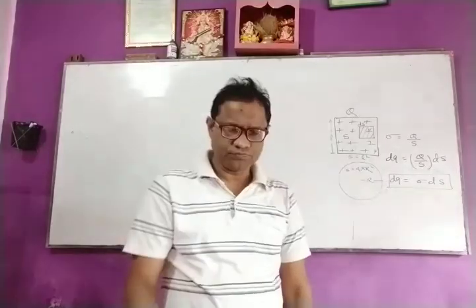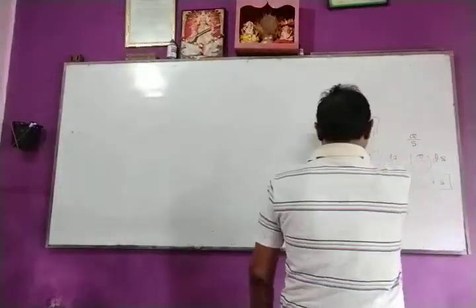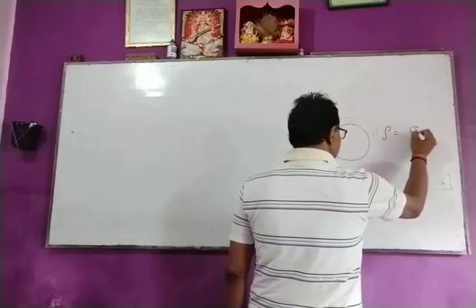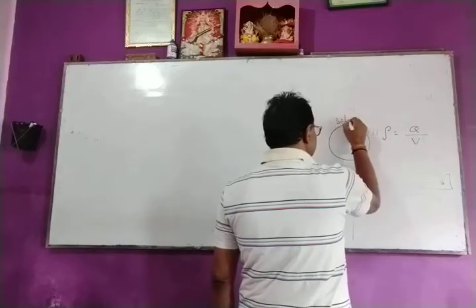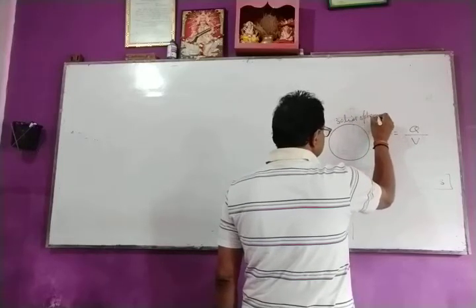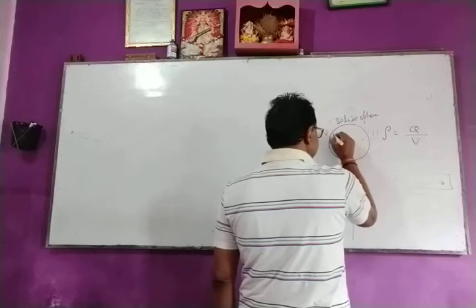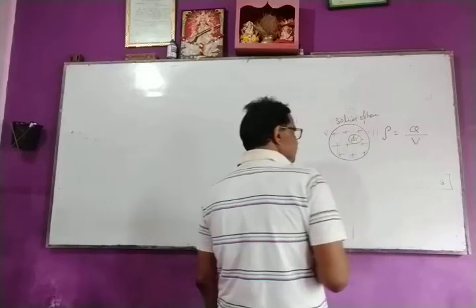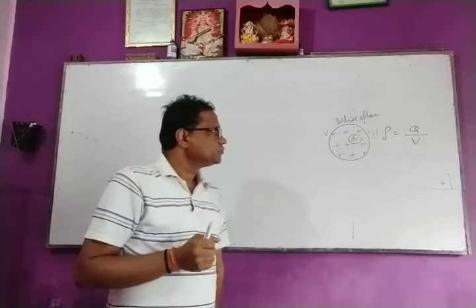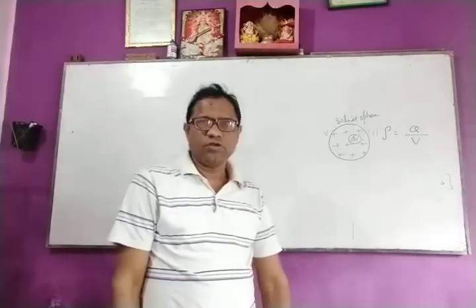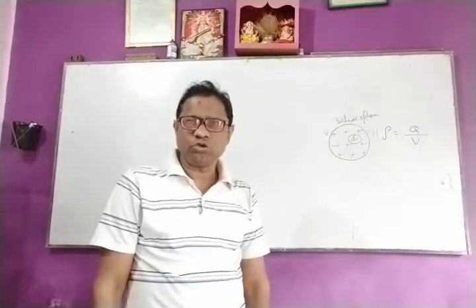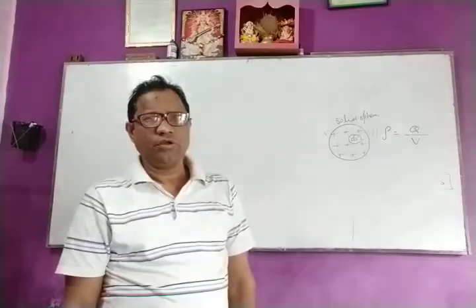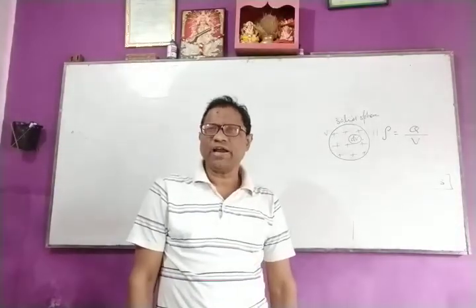It is denoted by rho, Q upon V. For a solid sphere of volume V, the volume charge density rho is equal to Q upon V. We have to calculate the volume of a small portion of that sphere.